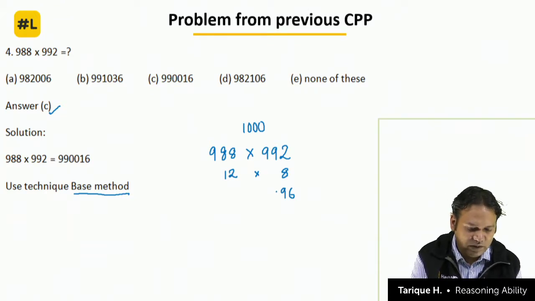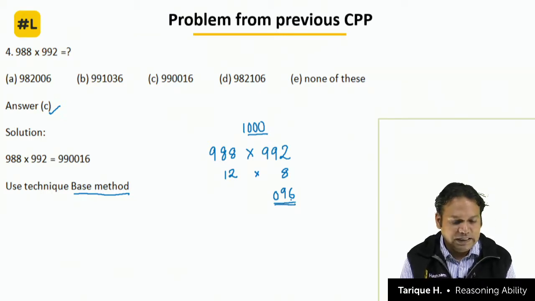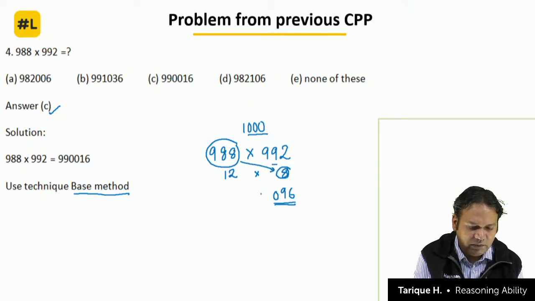You put one 0 here because we have 3 zeros in the base, so there should be 3 digits in the product also. So 12 into 8, that is 96, and then we take any one number here, 988, and this is 8, and subtract that, so that becomes equal to what? 980096.